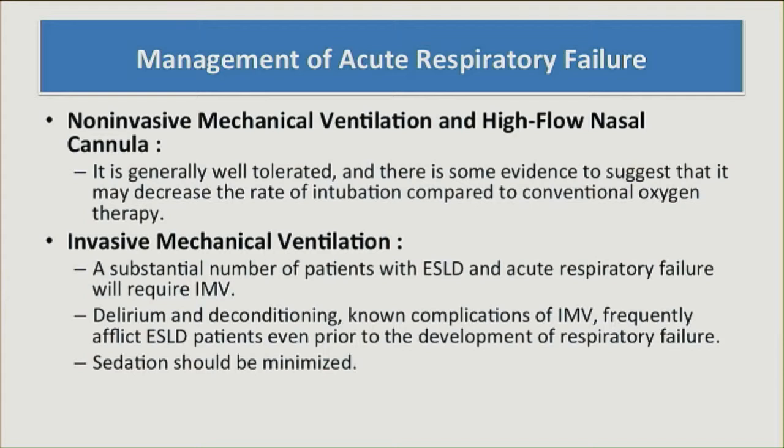We can use non-invasive ventilation with a high flow nasal cannula. In this measure, the patient still has spontaneous breathing, and we give high concentration oxygen through the nasal cannula. And hopefully, with this measure, the patient will get enough oxygenation, and we can prevent the patient from being intubated.